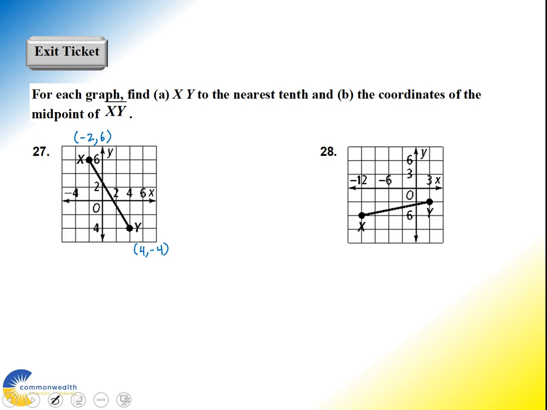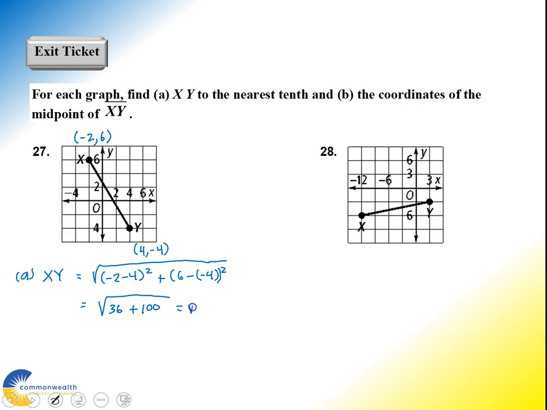So with that in mind, I'm now going to, first of all, calculate xy. For this one, xy is going to be the distance between those 2 points. So I'm just going to apply the distance formula. I'm going to have -2 minus 4 squared plus 6 minus a -4 squared. -2 minus 4 is -6 squared is 36. 6 minus a -4 squared is 10 squared, so that's 100.